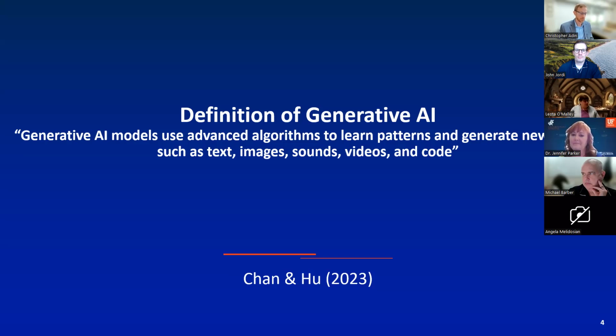Some good examples of Gen AI tools include ChatGPT, that's the one most people are familiar with. But we also have Google Bard, Stable Diffusion. DALL-E is what most people are familiar with when it comes to image generation.